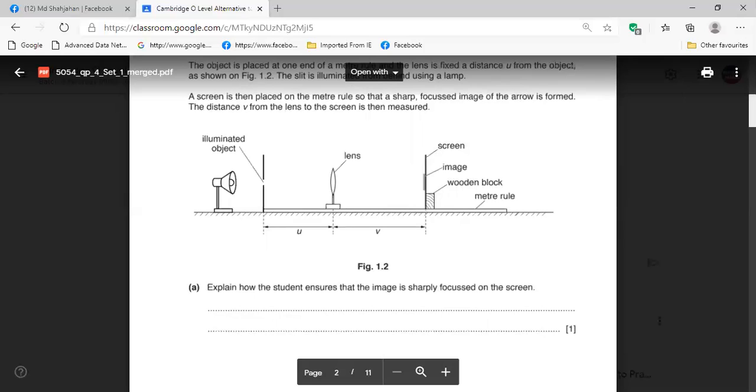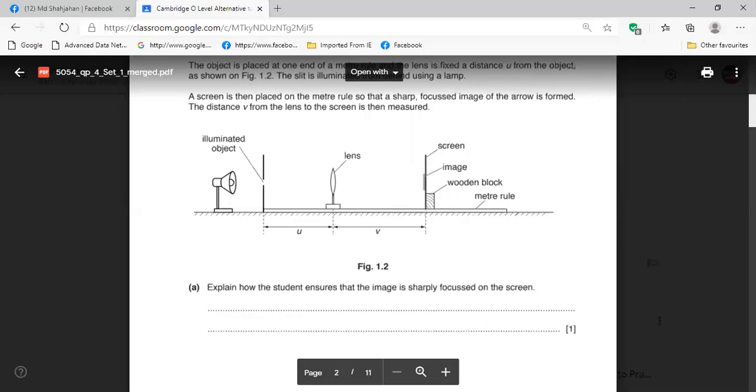Are you getting what I'm saying? Tamjid and Abir, are you getting what I'm saying? Yes, sir. You got the idea of lens in your school or anywhere. Yes, sir. So you know what is called focal length. What is called focal length?